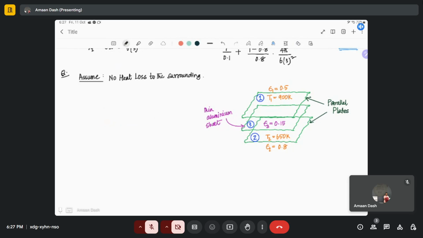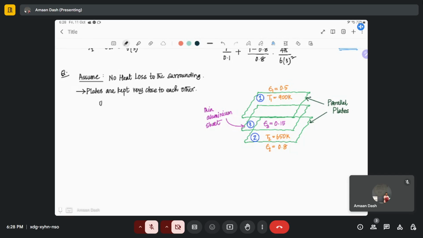This one T1, this is maintained at 900 Kelvin, and T2 is maintained at 650 Kelvin. So this aluminum sheet is between two parallel plates, and this one has an emissivity of, let's say, epsilon 1 as 0.5, and this one has an emissivity of 0.8.